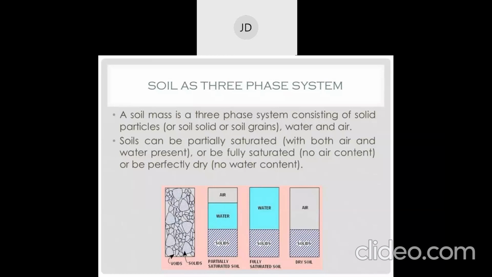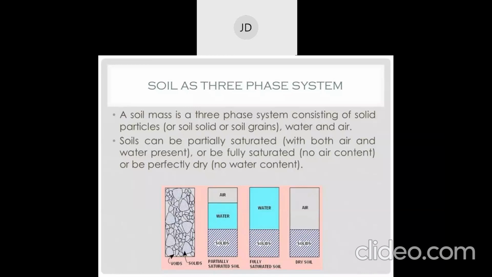Suppose you have gone through the field and taken some soil in your hand. Just imagine yourself in a particular field, grabbing some soil from the ground. What can you see there? From an engineering point of view, a particular soil mass may contain three components.